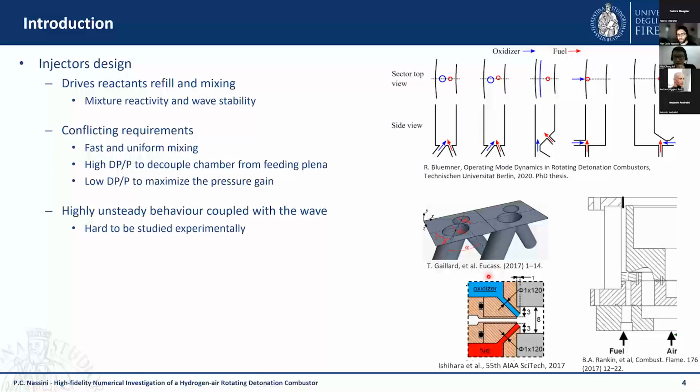Of course, as I showed here, there are a lot of different configurations of the injection. One of the most used, especially in the USA, is the AFRL detonation combustor, which is represented here. We have radially outward injection of the oxidizer and axial injection of the fuel.